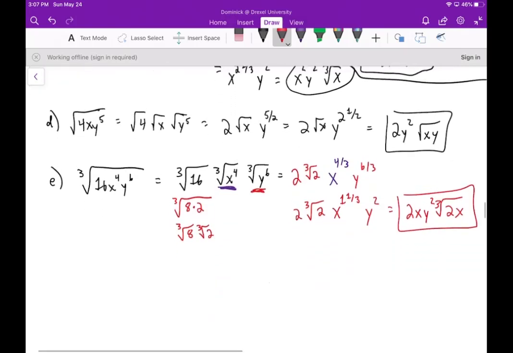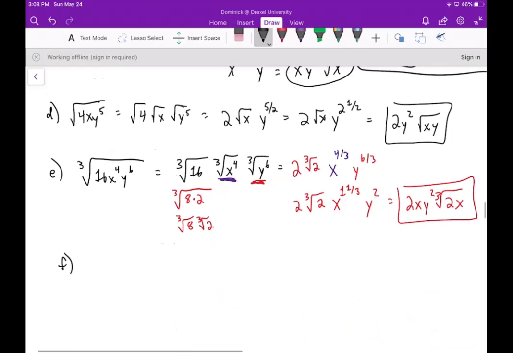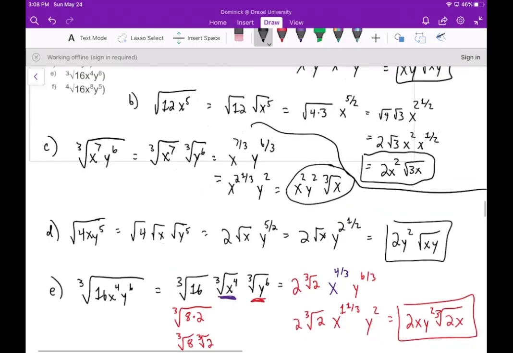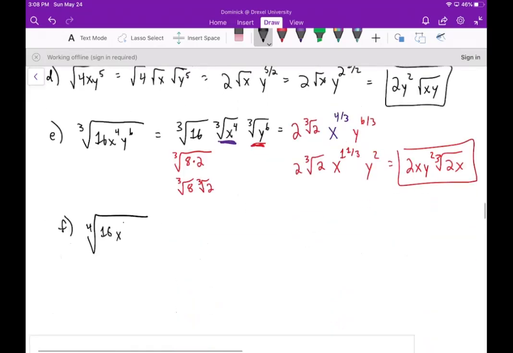Okay. Last but not least, we have part F, which is the 4th root of 16 x to the 8th, y to the 5th. So if I separate, we have the 4th root of 16, the 4th root of x to the 8th, and the 4th root of y to the 5th.